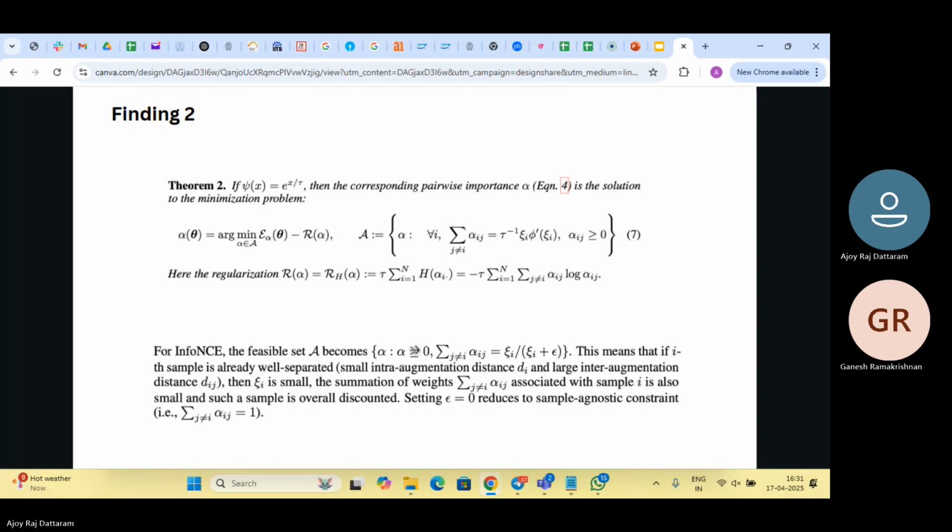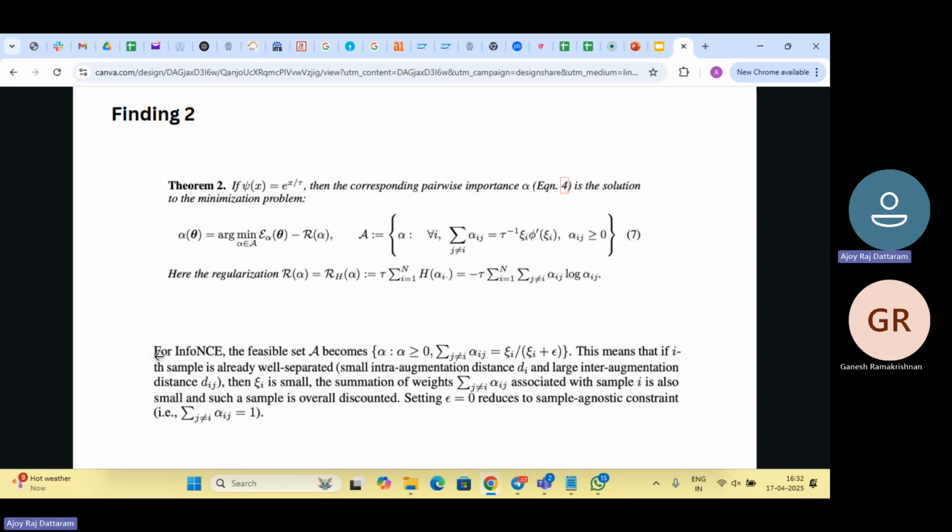In the minimizing problem, we can have alpha as the reduction of the energy function, or a derivative of the energy function, minus the regularization. They have provided a constraint, and if we take this constraint, we can get the values of alpha with respect to the energy function.